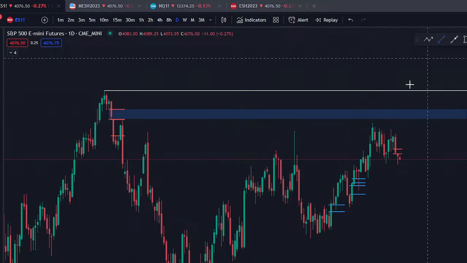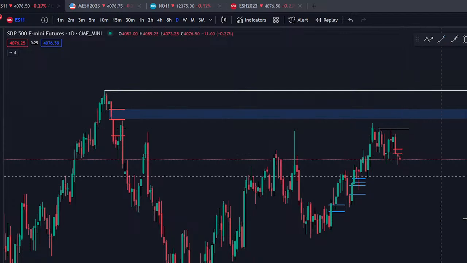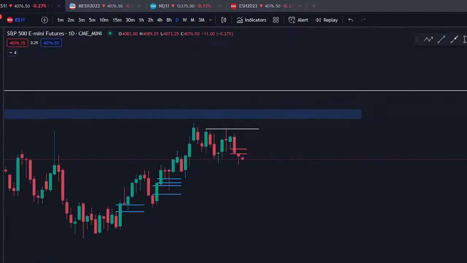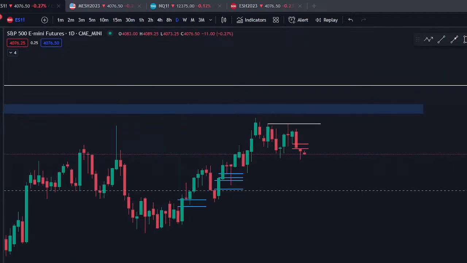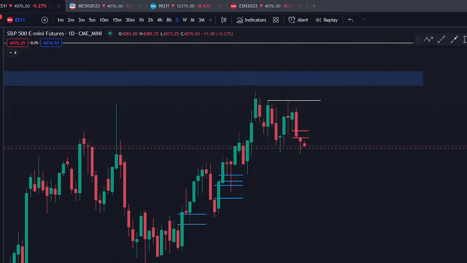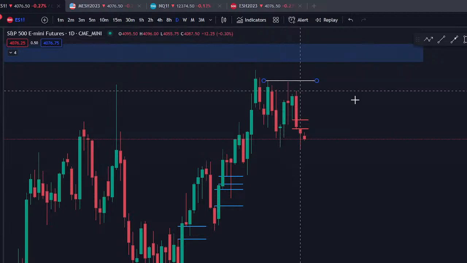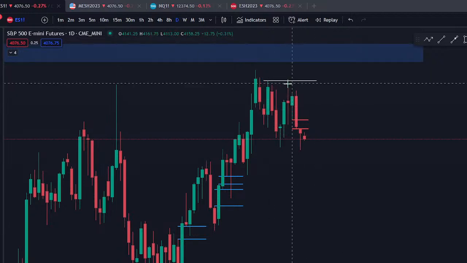I mean, they are not equal completely, but they are close, as you see here on the daily. Yeah, see, they're relatively equal.